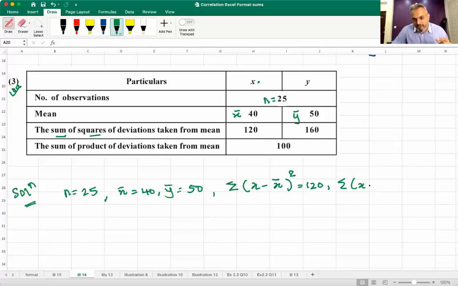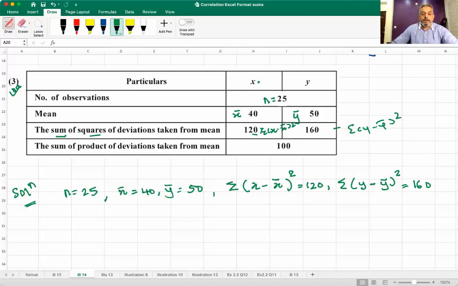Of deviation from mean. So y minus y bar, sigma y minus y bar the whole square is equal to 160. So this is sigma y minus y bar the whole square, and this is sigma x minus x bar the whole square.